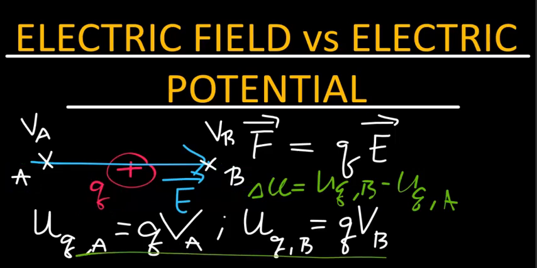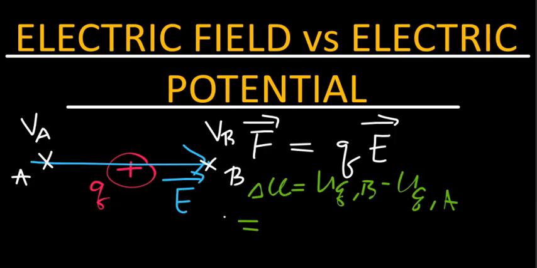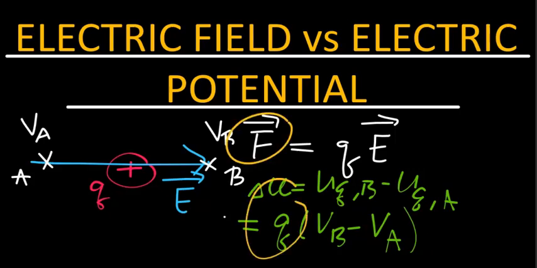And using these expressions, the change in the electric potential energy of that charge as it moves from A to B can be written as Q times (VB minus VA). So you see how the dynamics of the same charge can be expressed either in terms of force or energy, or in other words, electric field or the electric potential.